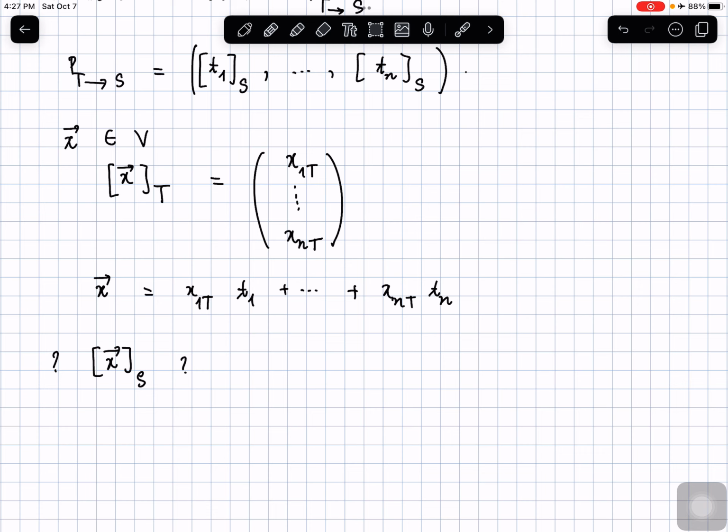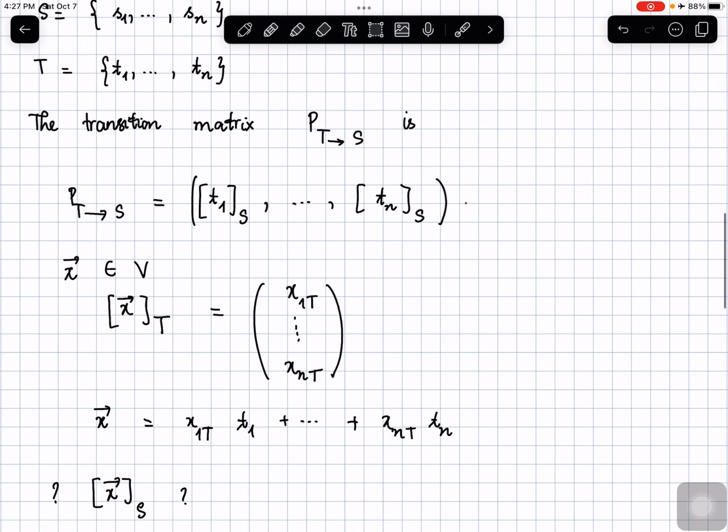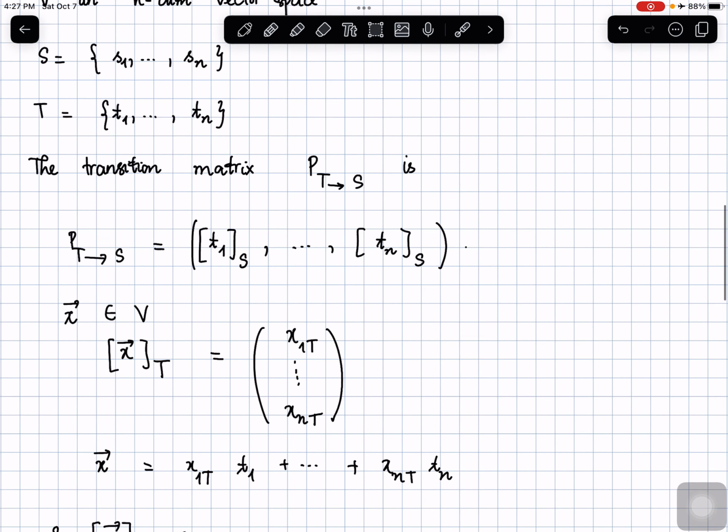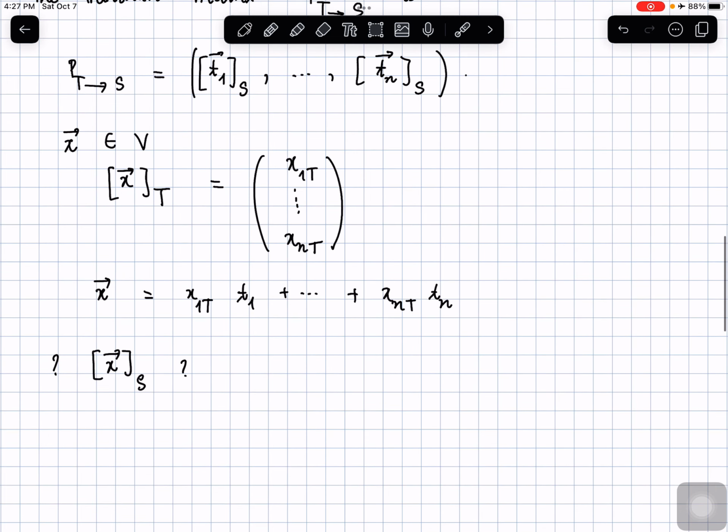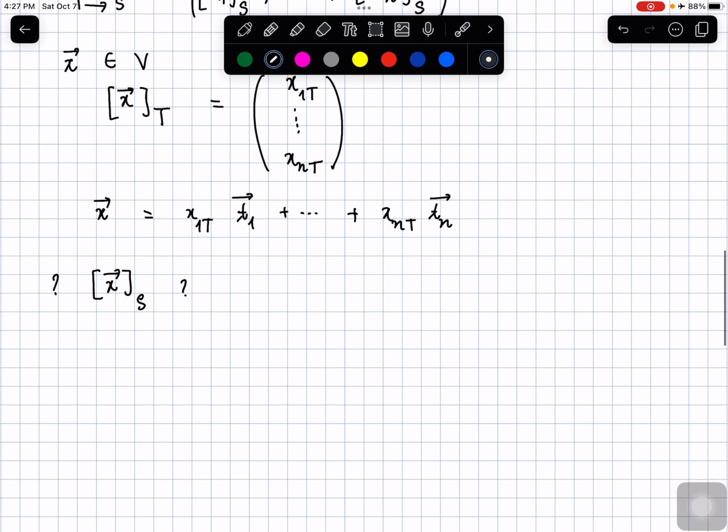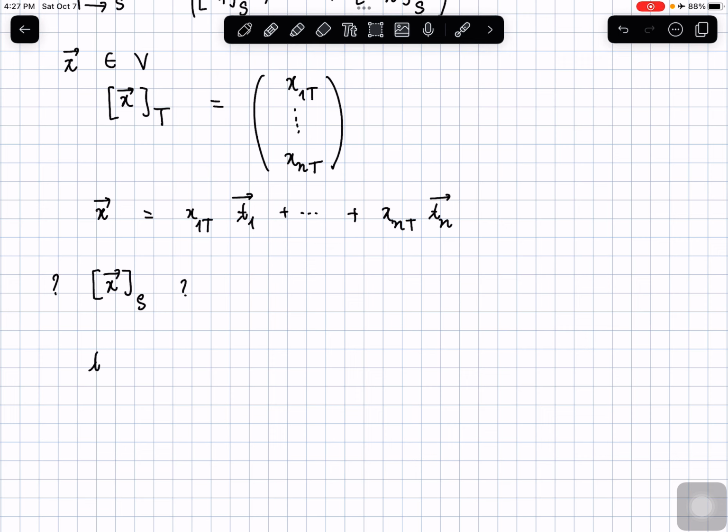So we know that T1 to Tn are all vectors in V. And S is a basis of V. So we can write T1 to Tn in terms of linear combinations of vectors in S. T1 can be written as, say, a linear combination.